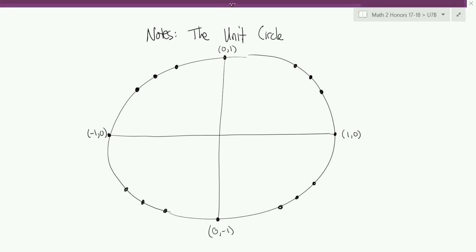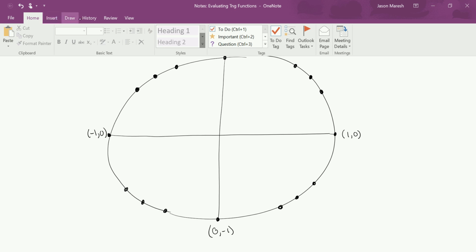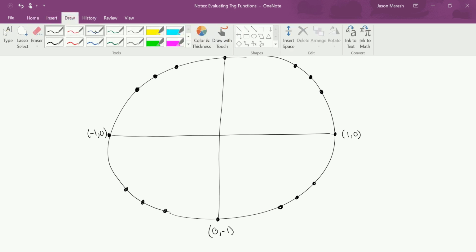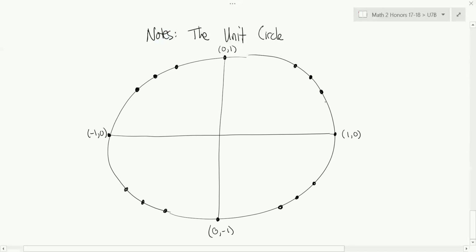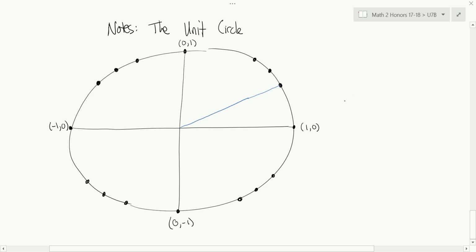Okay, so let's start with the first point. These 3 points in the first quadrant come from our 3 reference angles. So this first coordinate comes from 30 degrees, right? And if we draw our 30, 60, 90, so this is 30 degrees, I'll put 30 degrees here.